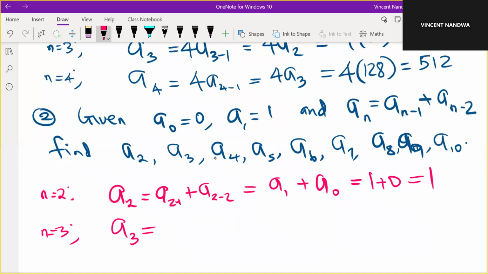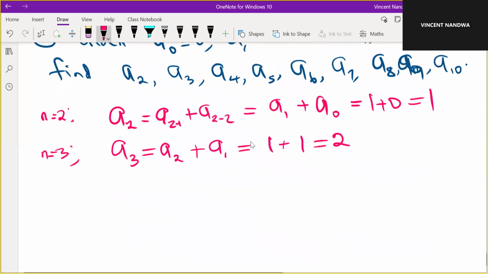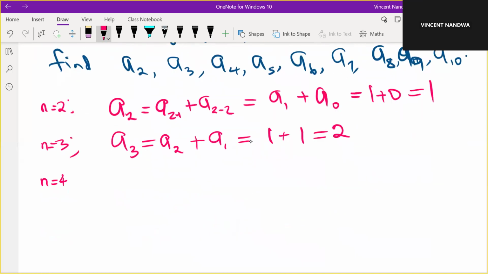Then when n is 3, so I'll have a_3 equals, just putting n equals 3 in this formula, a_2 plus a_1, correct. So a_2 we have 1, a_1 we have 1. So the answer will be 2. Then next, n equals 4. So a_4 will be equal to a_3 plus a_2. So a_3 is 2, a_2 is 1.